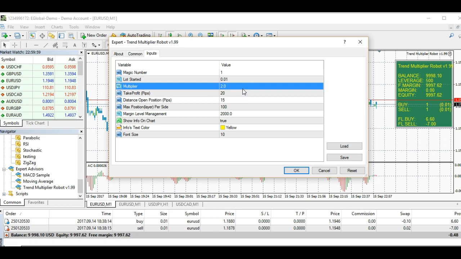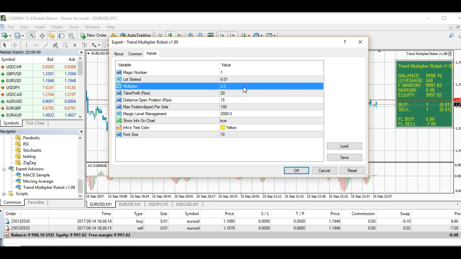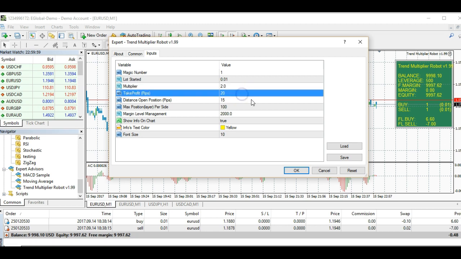So your multiplier will be this. The portion here is to multiply, which means if you started from lot 0.01, the next lot size will be times 2, which means 0.02. Okay, on your take profit, the default setting is 20, so you can change it anytime to any value that you want, but make sure it is profitable.